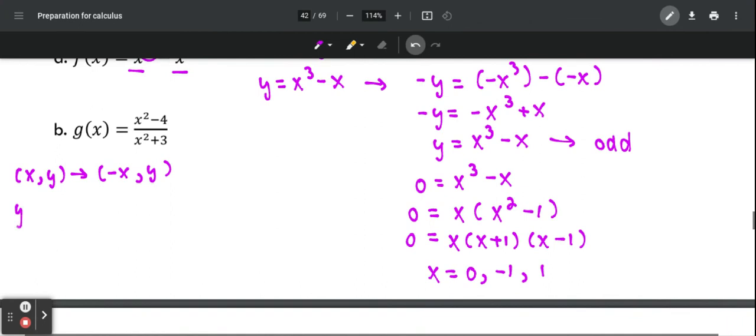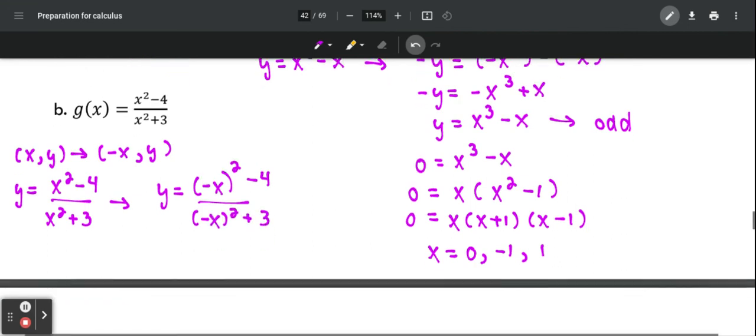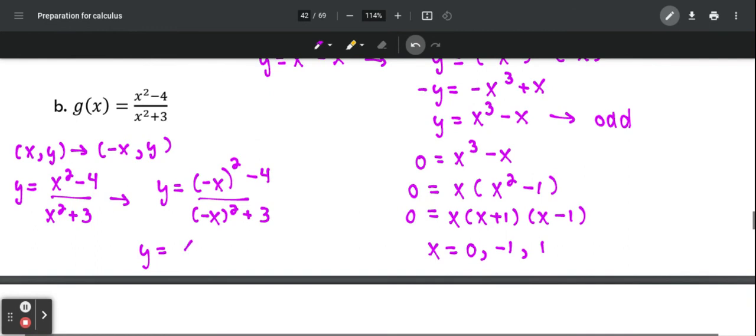So again, if our function started as y equals x squared minus 4 over x squared plus 3, that would mean that we could say y equals negative x squared minus 4 over negative x squared plus 3, right? And when we square everything, we do end up with that x squared minus 4 over x squared plus 3.